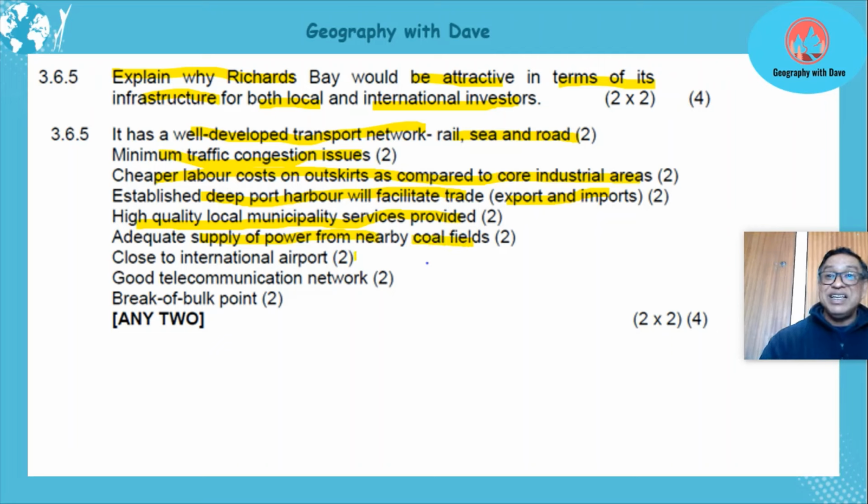Can you see it? Okay, that will attract people. They've got enough power in this area and it's a little cheaper. Close to an international airport. Okay, good telecommunication network for sending out transactions, etc. Right, and the break of bulk with regards to the harbor, etc.